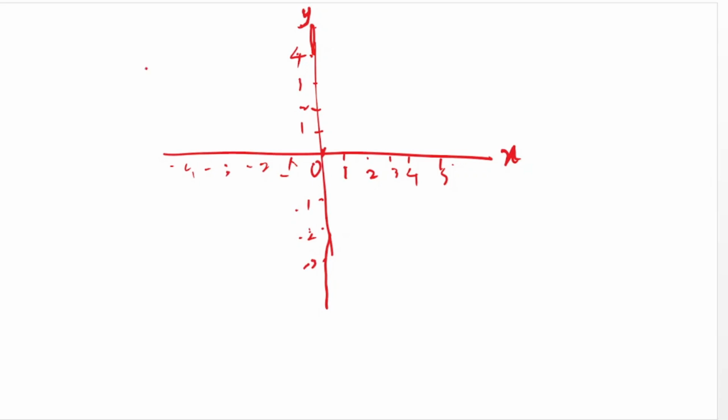As you can see, this plane is divided into 4 quadrants. The first quadrant is from here, and we move anti-clockwise. This is the first quadrant, and this is the second quadrant.